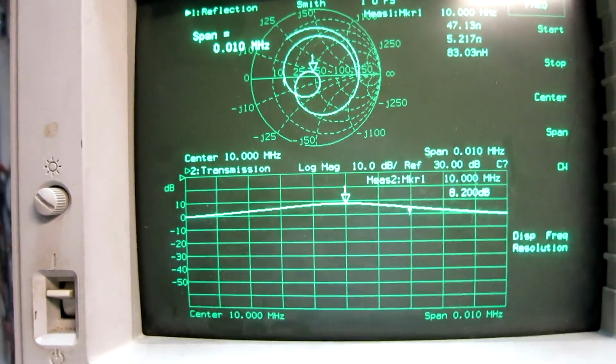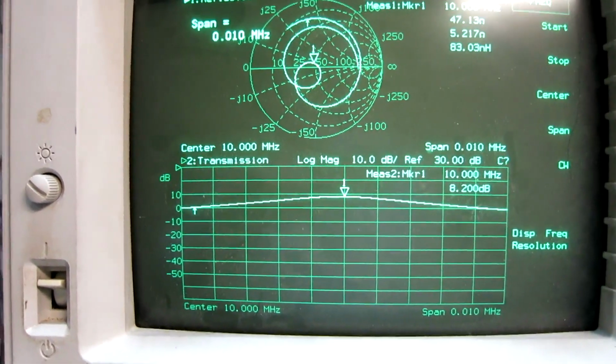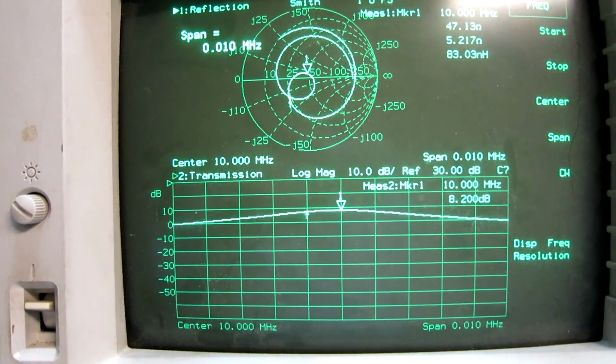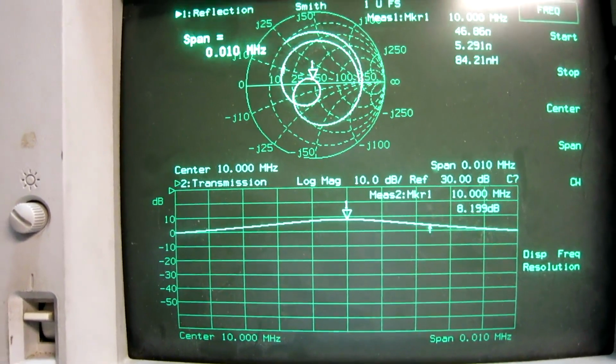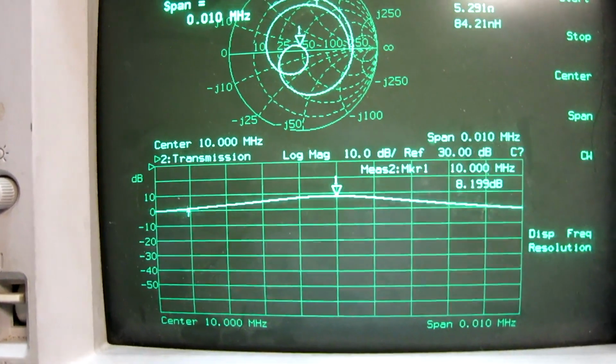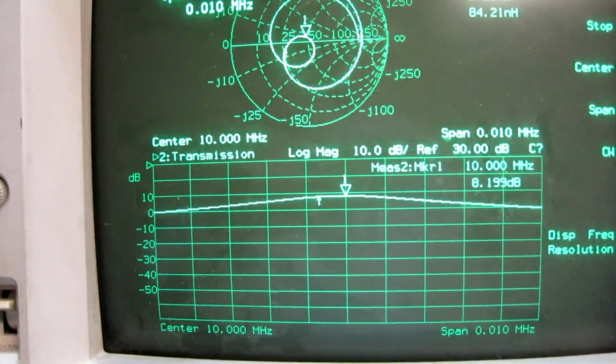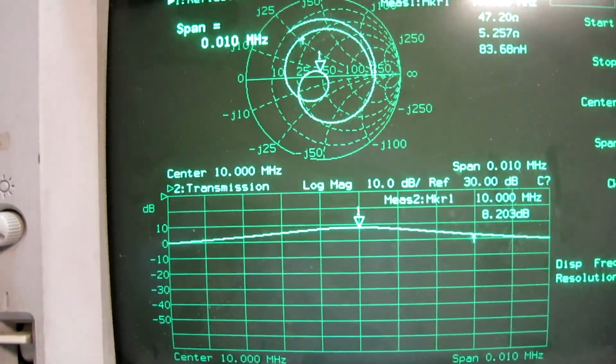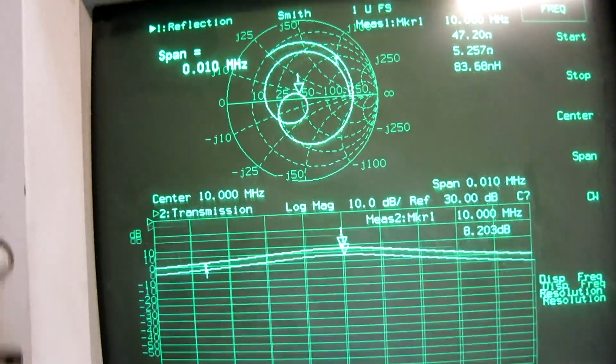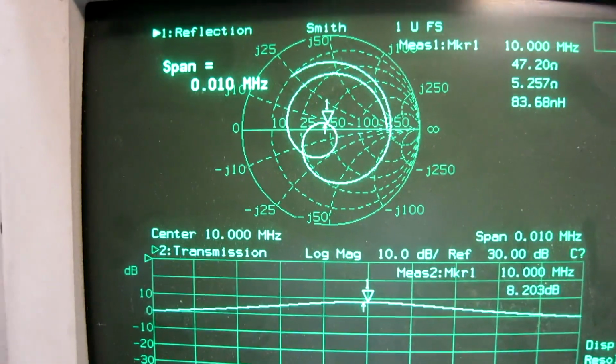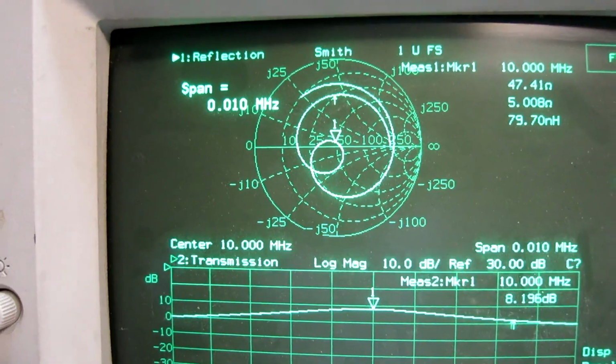And as you can see here, with 1 kHz per division, the 3 dB bandwidth is something like 2.5 kilohertz. And the input impedance is 50 ohms, pretty accurately.